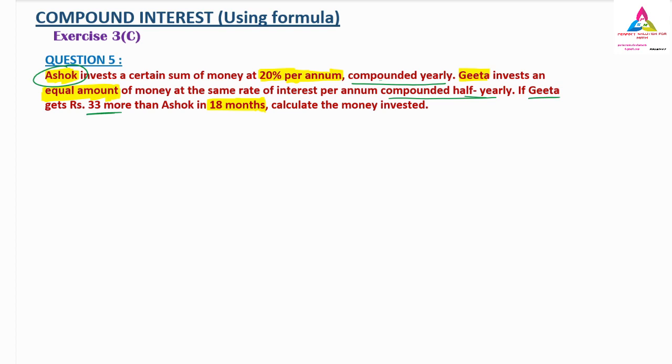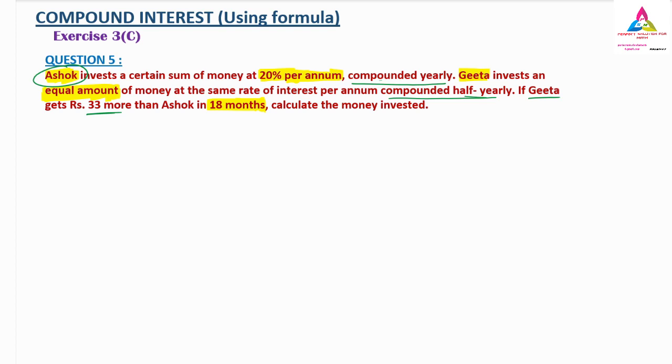So the compound interest Geeta gets is more than Ashok, because Geeta is investing compounded half yearly. So this is the introduction of the question. I hope you understood. So let us go through it.